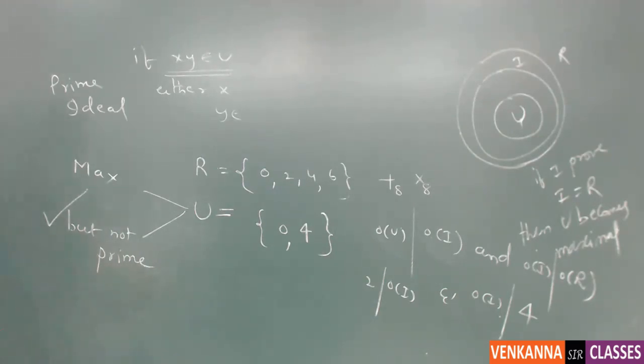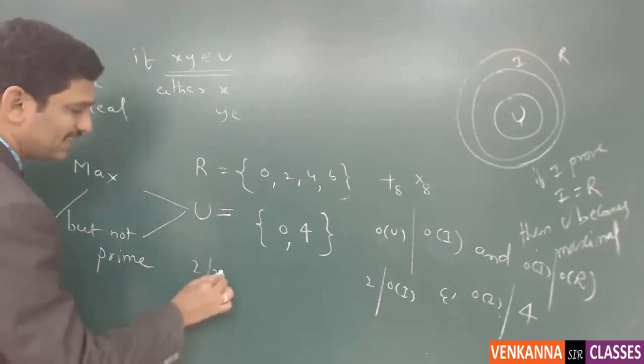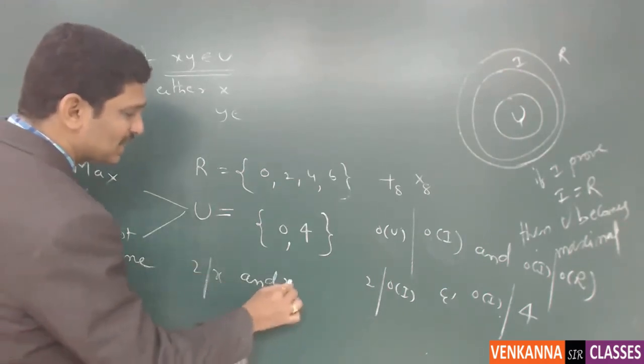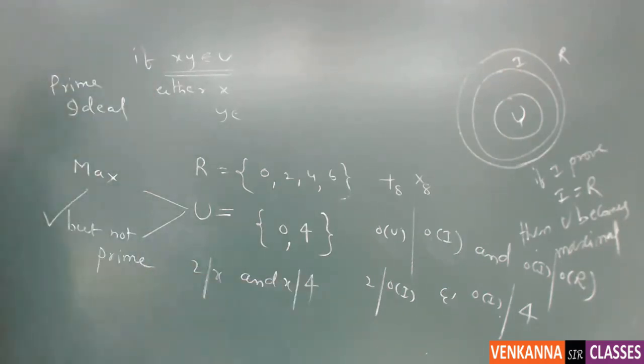So it is of the pattern that 2 divides x and x divides 4. What could be the possibility of x here? 4, isn't it? All of you agree or not?